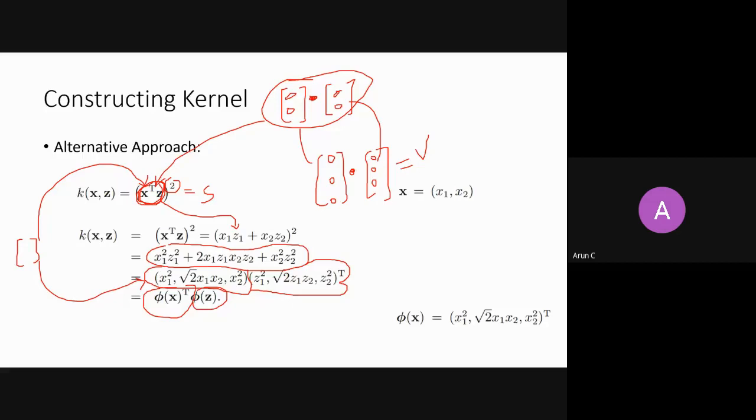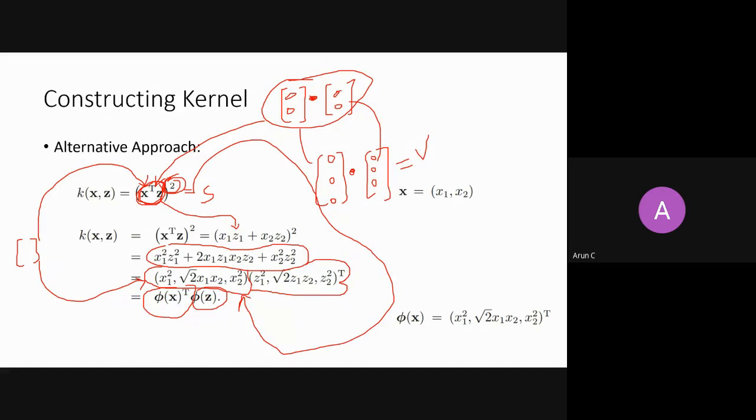If that is the case, which way will you prefer? This way, taking a square of the dot product in the original space gives you the same effect as projecting into a higher dimensional space and then taking a dot product, right?